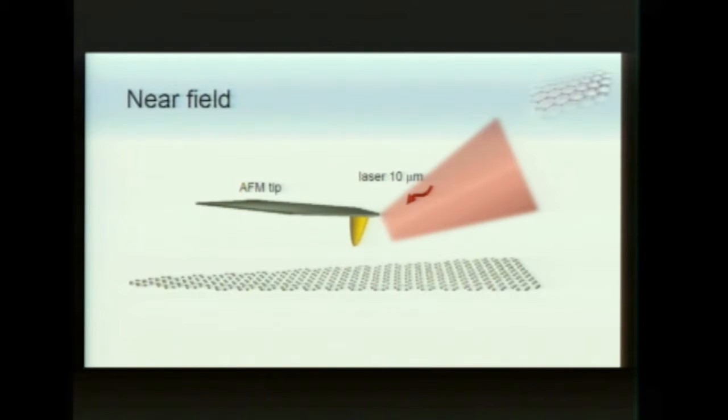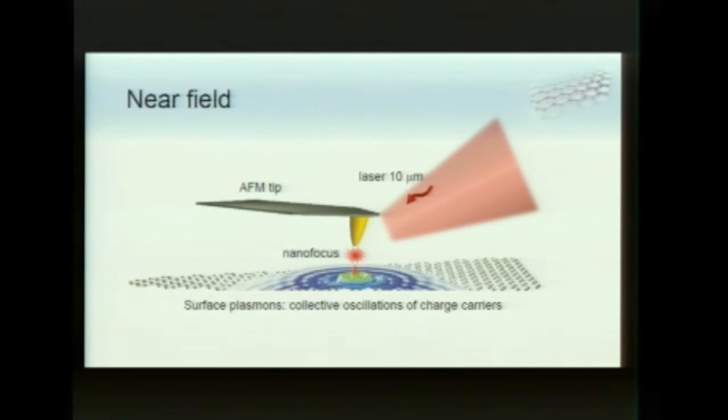This atomic force microscopy tip is illuminated with infrared light of about 10 micrometers and interacts with this light to create a nanofocus at the tip apex of the AFM tip. This nanofocus then launches so-called plasmons, which are charge oscillations at the surface of the graphene, into the graphene, as we can see here.